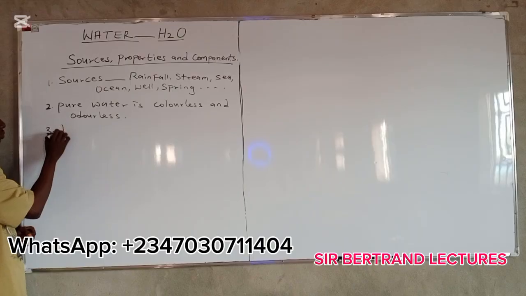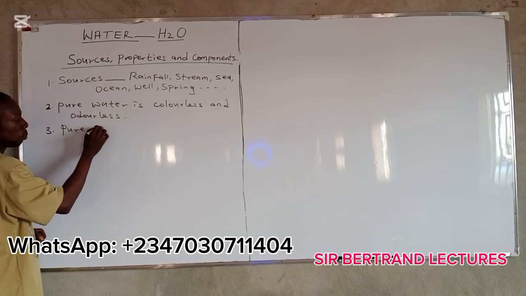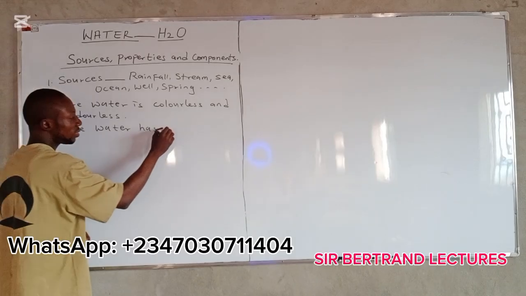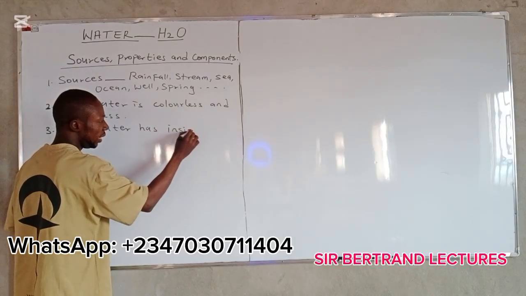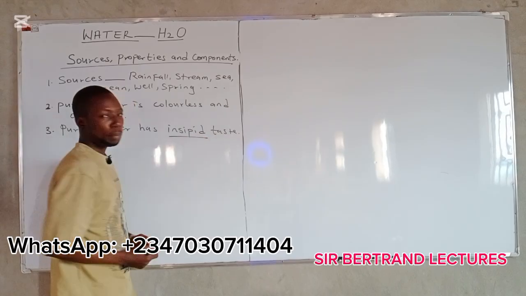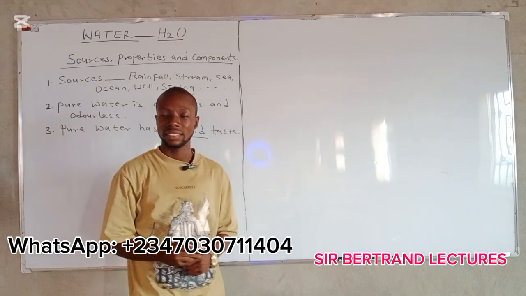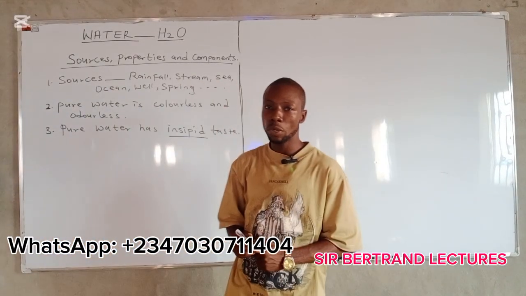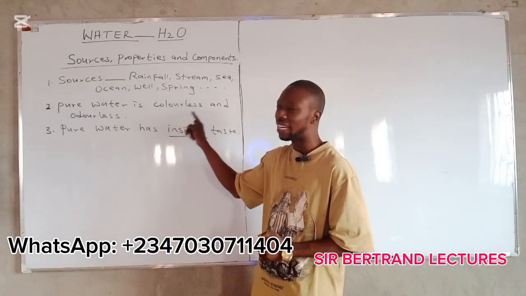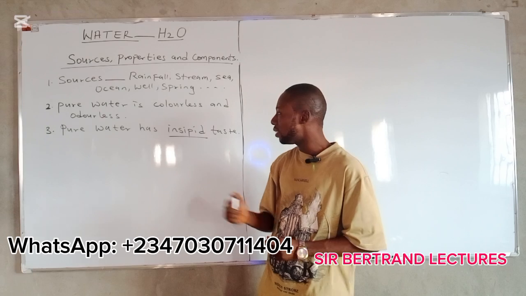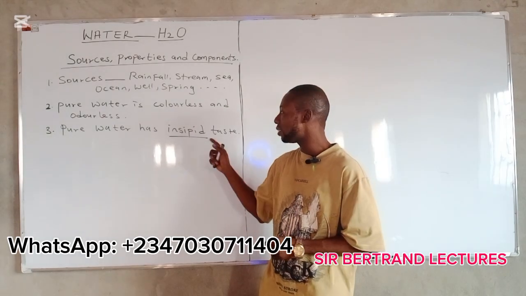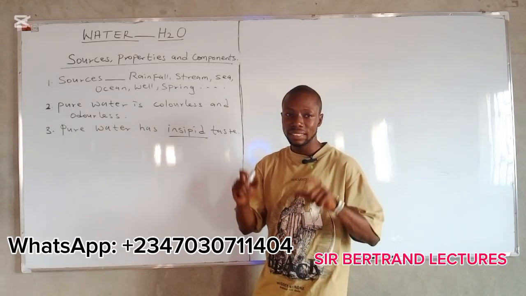Number three, pure water has insipid taste. This means that pure water is tasteless. Pure water is colorless and odorless. Then pure water also has insipid taste, meaning that pure water is tasteless.